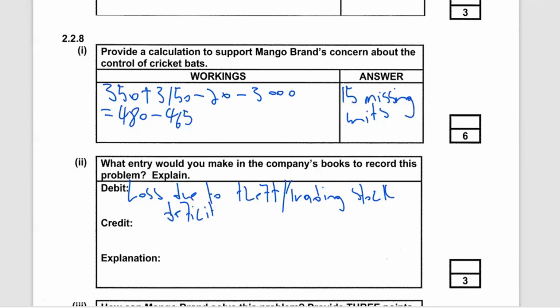Then the account credited, we're going to credit our trading stock. So we credit our trading stock because it's an asset, it's decreasing on the credit side. Or we can also say purchases account. Then the explanation, we will say missing stock will be a loss to the business.